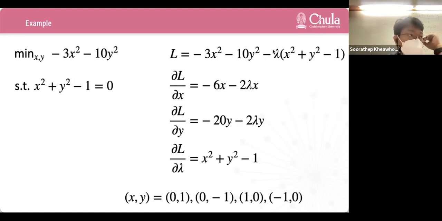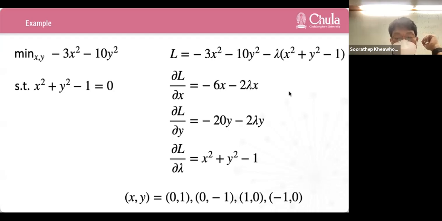It depends on you. If you put plus lambda here, once you solve it, it can be minus. Or if you put minus there, while the original one is minus, it will become plus. Nothing wrong. You can write plus lambda g or minus lambda g. It's okay for both.